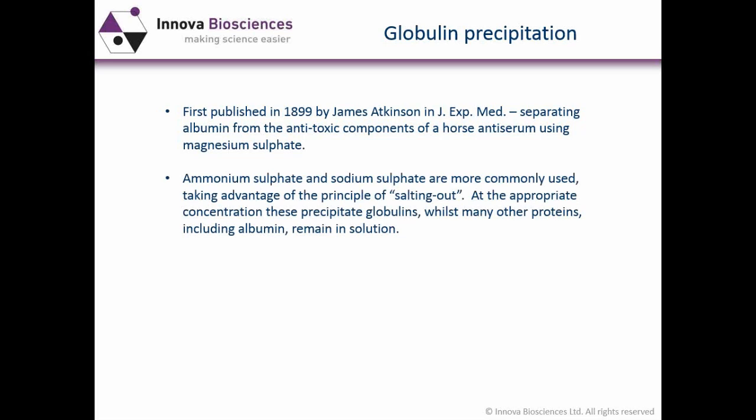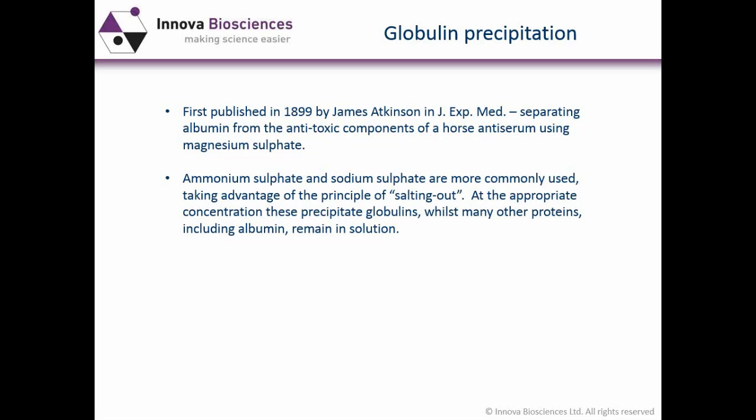Of course, things have moved on since then, and rather than using magnesium sulfate, now the most commonly used process is to use ammonium sulfate, taking advantage of the principle of salting out. Basically, when you add ammonium sulfate at increasing concentration, various proteins begin to precipitate out of solution.